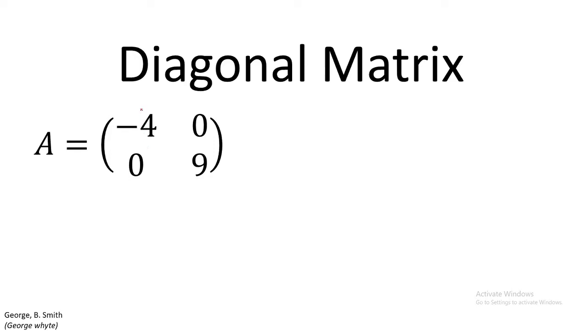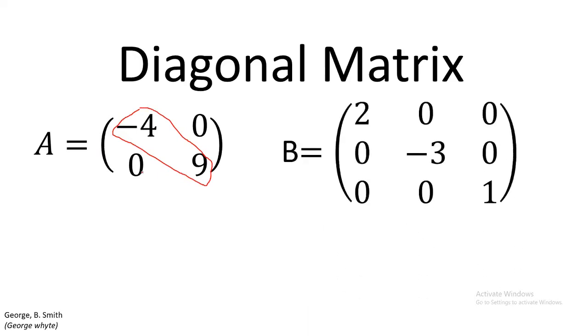So when all values are 0 except the values on the principal diagonal, you call that a diagonal matrix. This one I have here is a 2 by 2 diagonal matrix, and this is a 3 by 3 diagonal matrix. They must be square matrices.